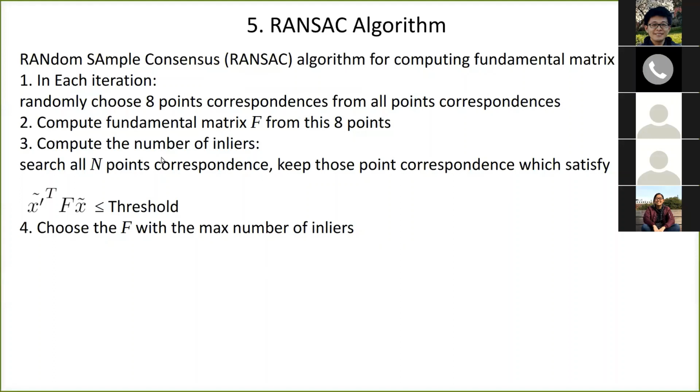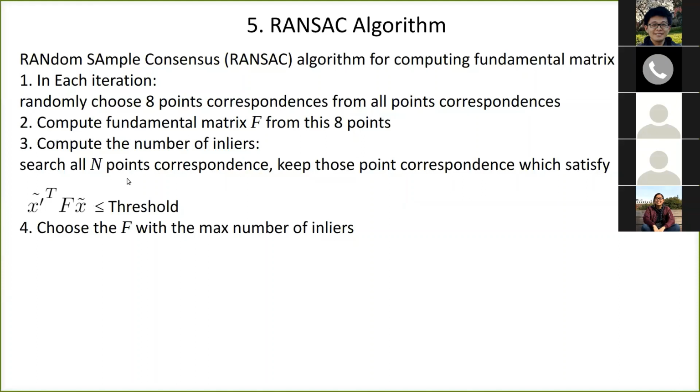Later, we count how many inliers fit this fundamental matrix, which is to see how many points in all of the correspondences satisfy this relationship: x prime transpose multiplied by F multiplied by x is less than or equal to a threshold. Ideally, this equation equals 0, right?